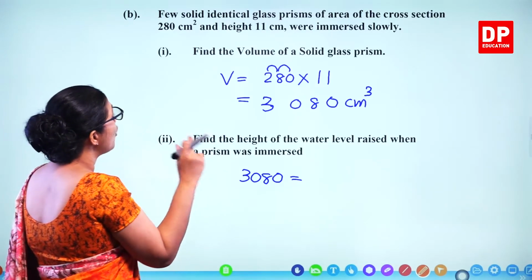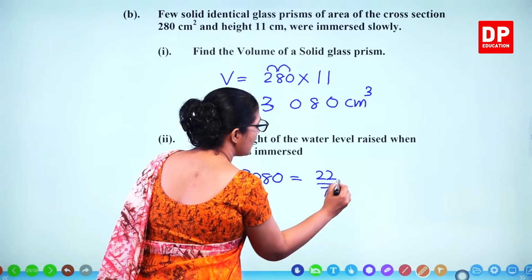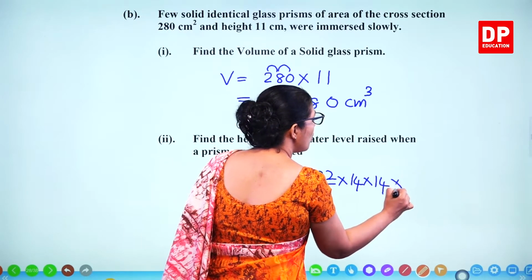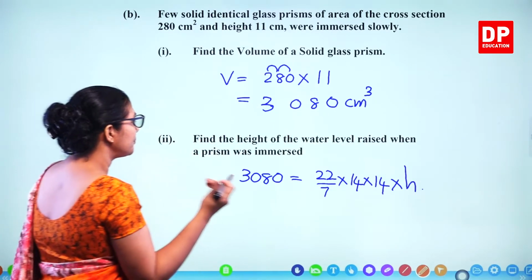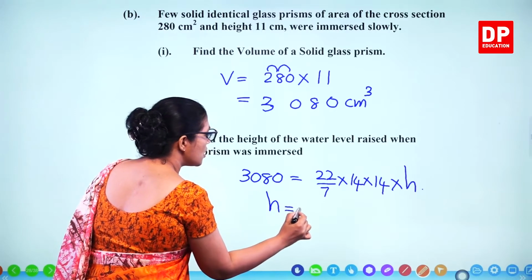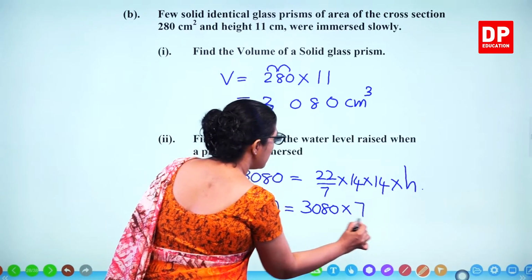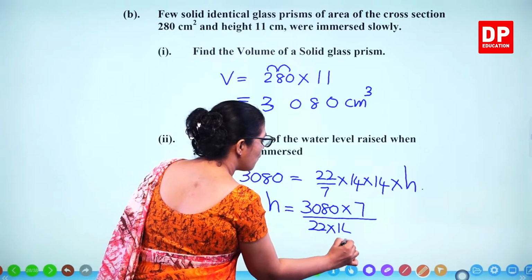So you have to find out pi r squared h. Pi 22 over 7, r squared 14 into 14. We don't know the increased amount of water h. So what's h? 3080 multiplied by 7, divided by 22, 14 and 14.